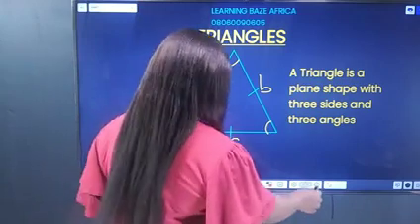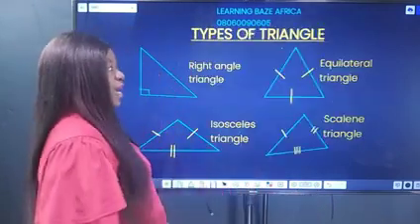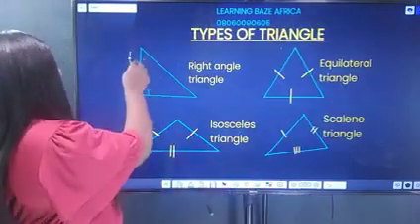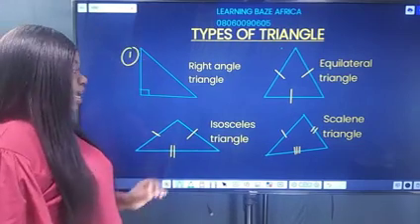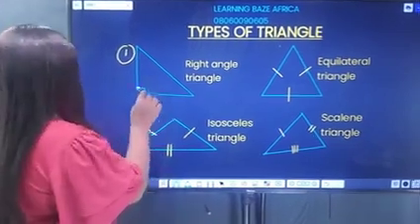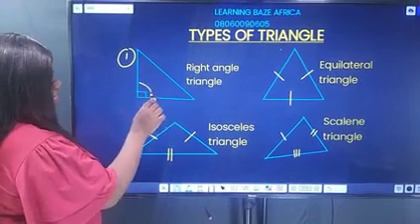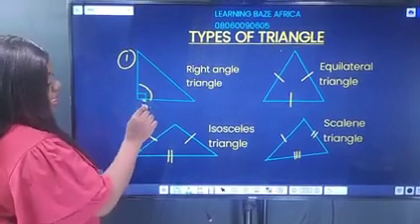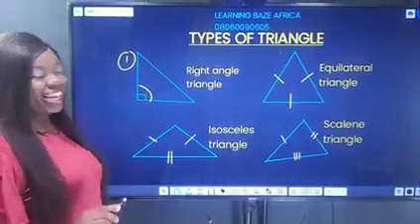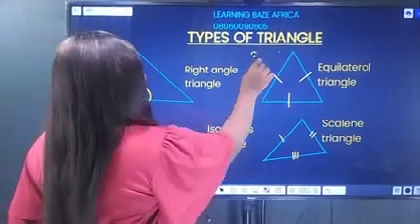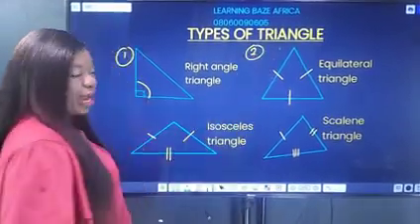Now let's move on. We have different types of triangle. The first one here is a right angle triangle. A right angle triangle has an angle of 90 degrees, as you can see here, and this is the sign of angle 90. The next one here is an equilateral triangle.